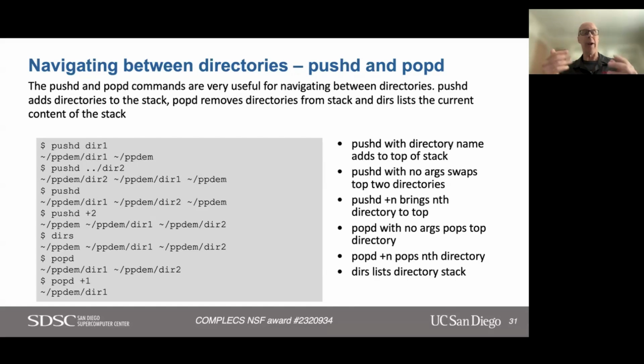If I want to pop directories off the stack, let's say I don't need them anymore, I could do a popd. And if I want to pop a particular directory, I could use an offset, in this case +1. Again, a little abstract, but if you go to the GitHub repo and play around with this, I think it's going to make a little more sense. And like I said, in the next version of this presentation, I'll give a more illustrative example.